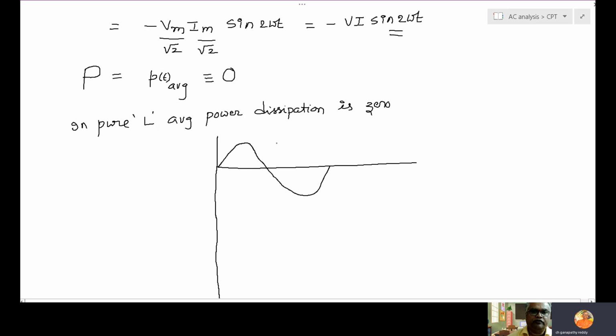This is the current waveform. Current is lagging, so we can extend back further. This is voltage V, current I.